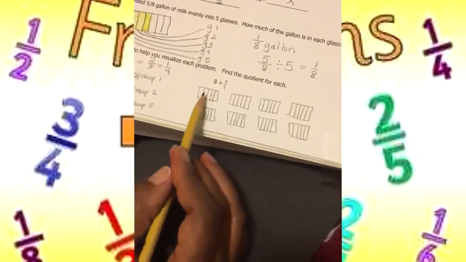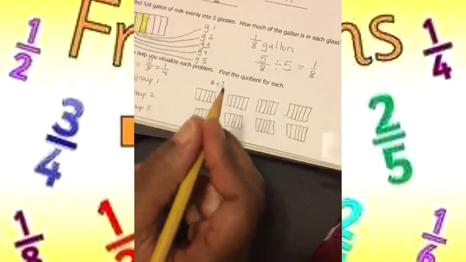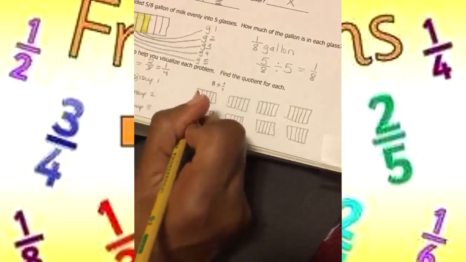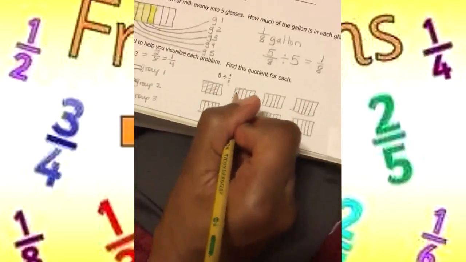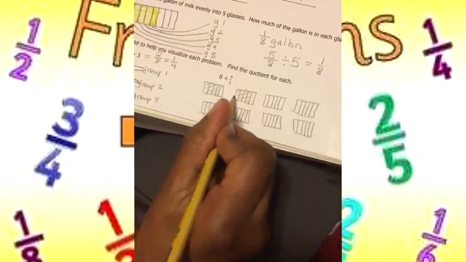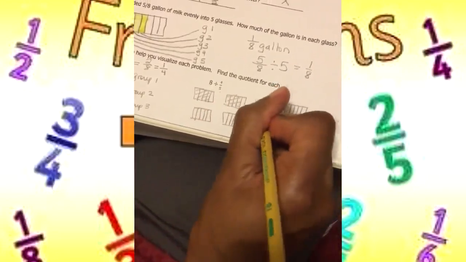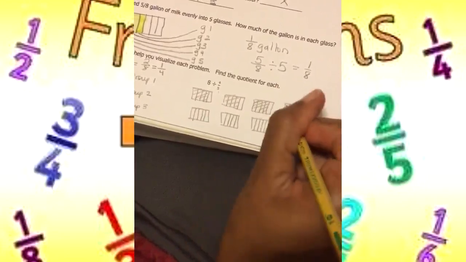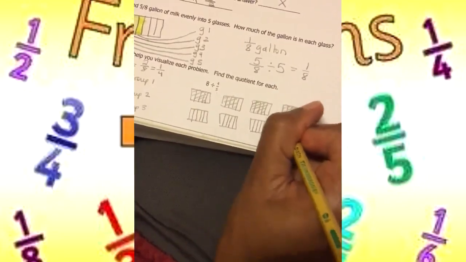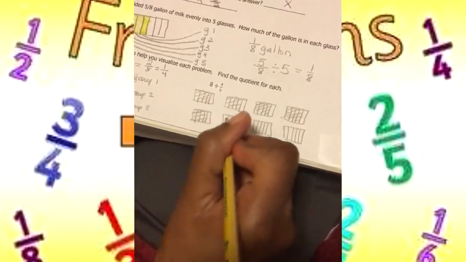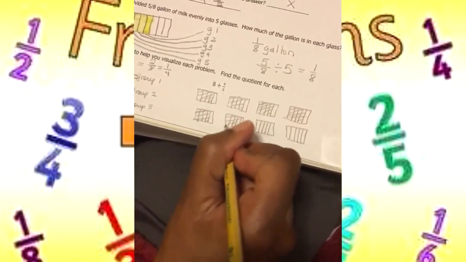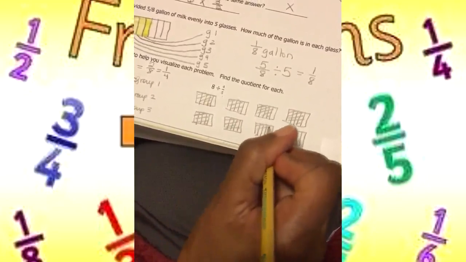So now I want to look at groups of 4/5. So I will shade in 4 of those at a time. Here's a group. Here's a group there. So there's 4 in each one. Here's 4. Here's 4.